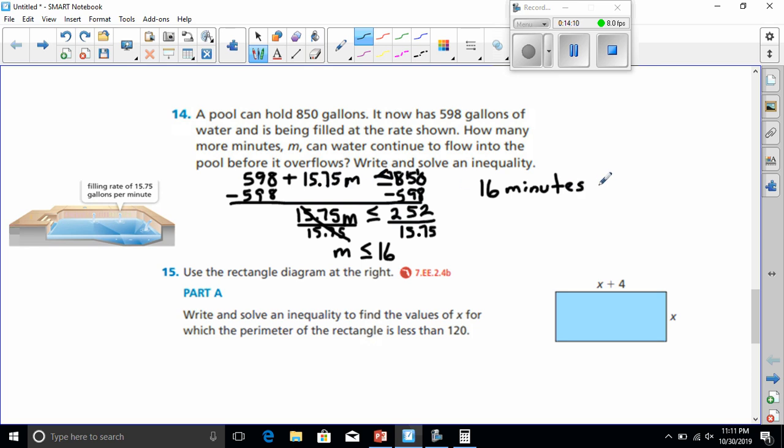Actually, our inequality is down there, so 16 minutes or less, really. It can be equal to 16 minutes. Yeah, looks to me that it's no more than 16 minutes. All right, so let's go on.